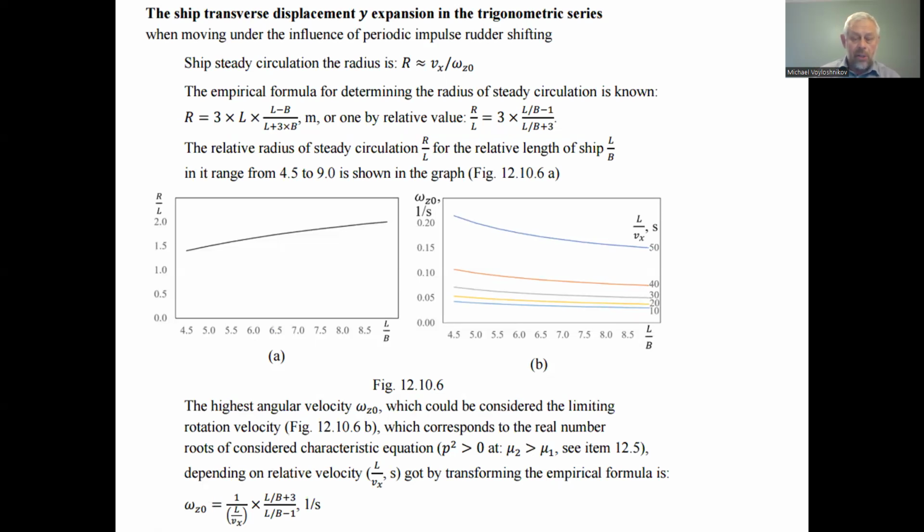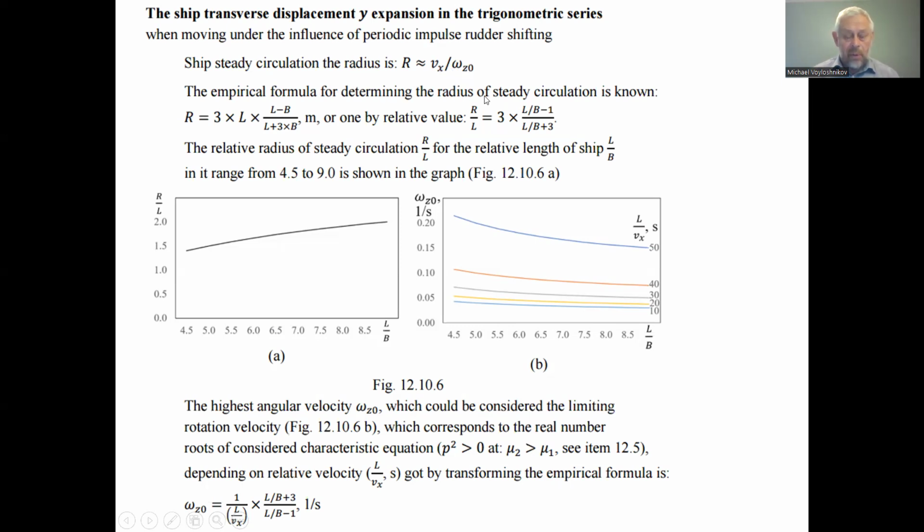The steady circulation radius is r, the velocity of the ship, the longitudinal velocity associated with the ship coordinate system, divided by the angular velocity of the rotation around the applied axis.